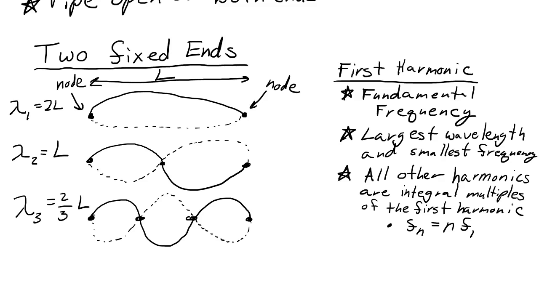of our string. Now this pattern would continue on and on until we get to higher and higher harmonics. We could continue to find them through this method, but we could generalize how to find them using an equation.